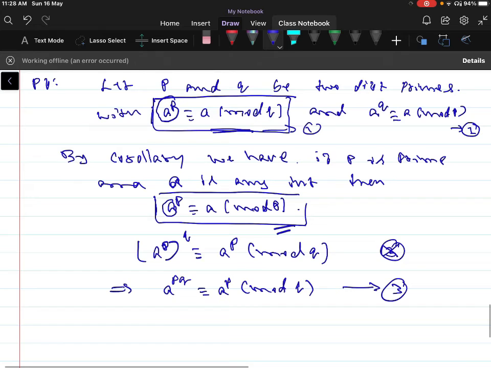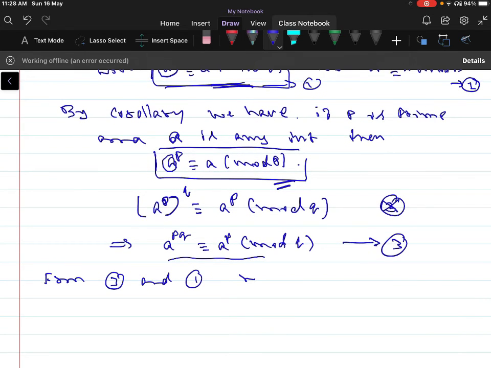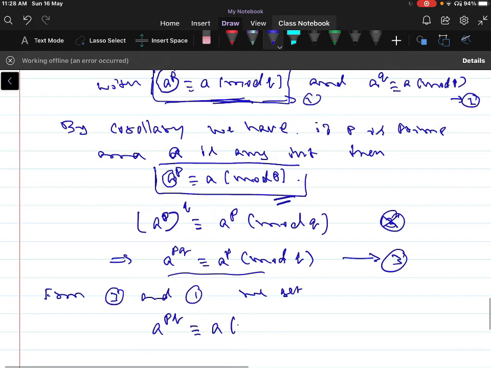So from equations 3 and 1, if A power PQ is congruent to A power P modulo Q, then A power P is congruent to A modulo Q. So by using transitive relation, we can write A power PQ is congruent to A modulo Q. This is equation number 4.